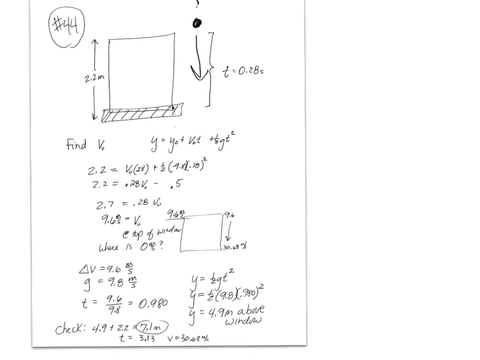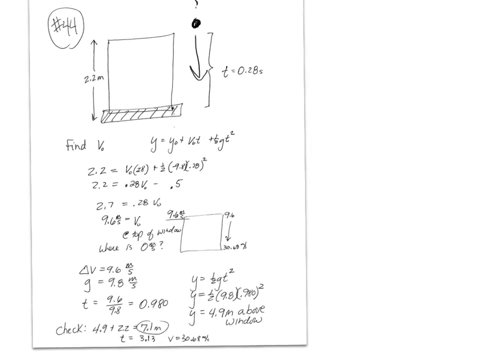I'll let you take a look at that yourself, but typically what you want to do is start at the top of the window and figure out how fast it was going when it got there. So I decided to find the initial velocity at the top of the window. I'm using my distance equation because I know my height, so I plugged in the 2.2 for the height.